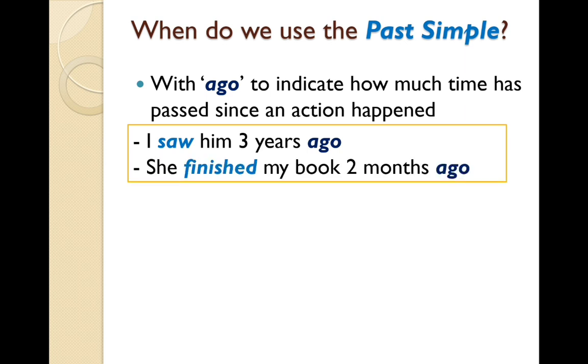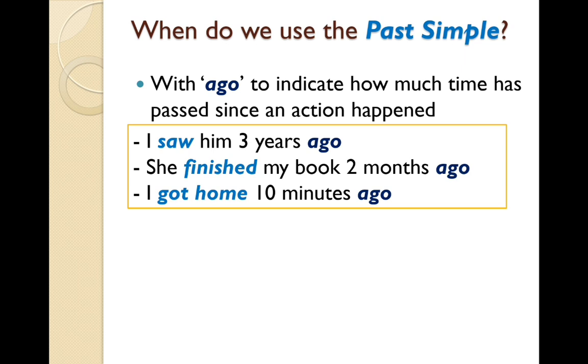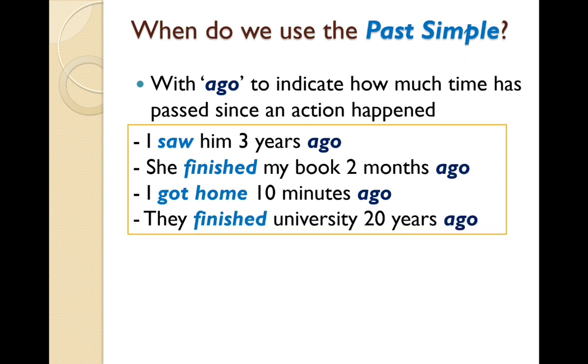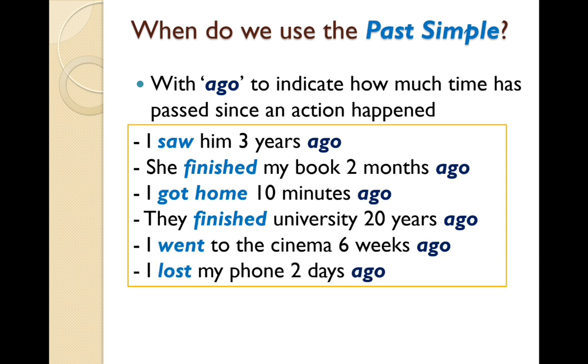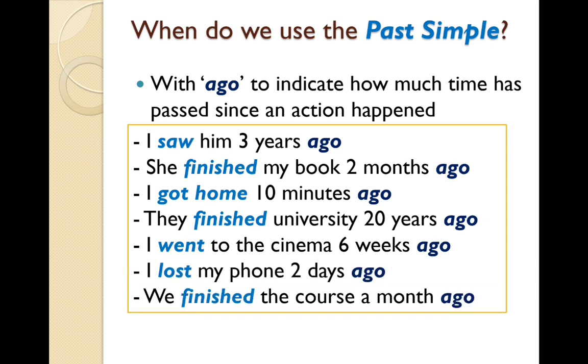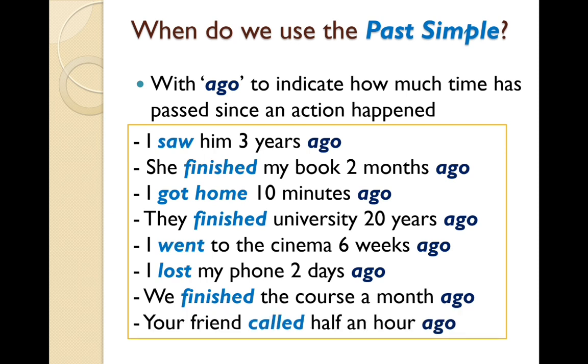She finished my book 2 months ago. I got home 10 minutes ago. They finished university 20 years ago. I went to the cinema 6 weeks ago. I lost my phone 2 days ago. We finished the course a month ago. Your friend called half an hour ago.